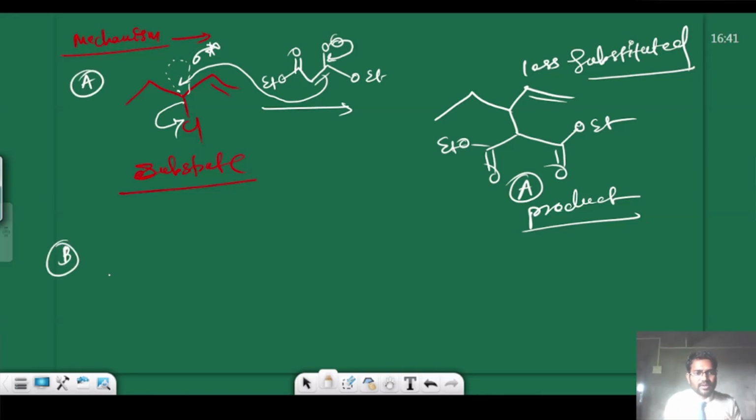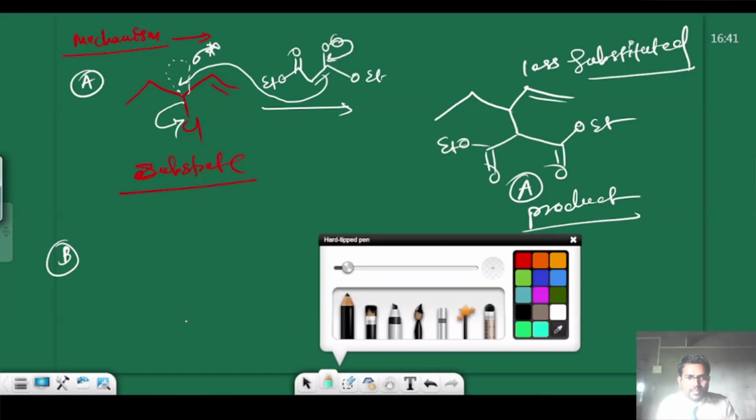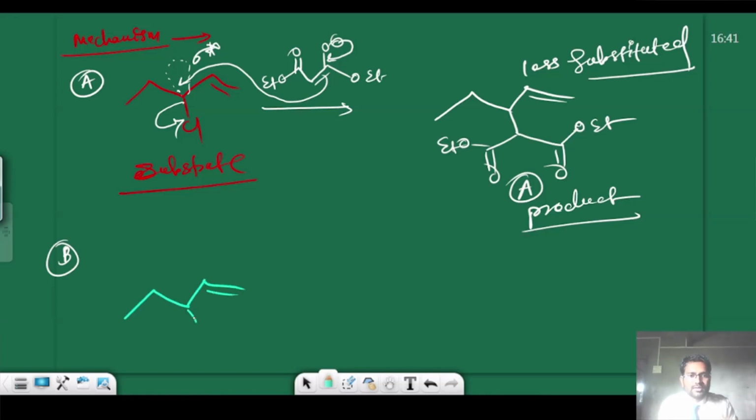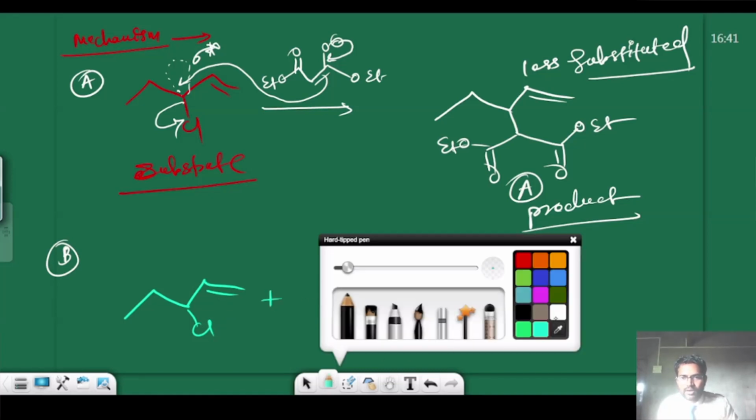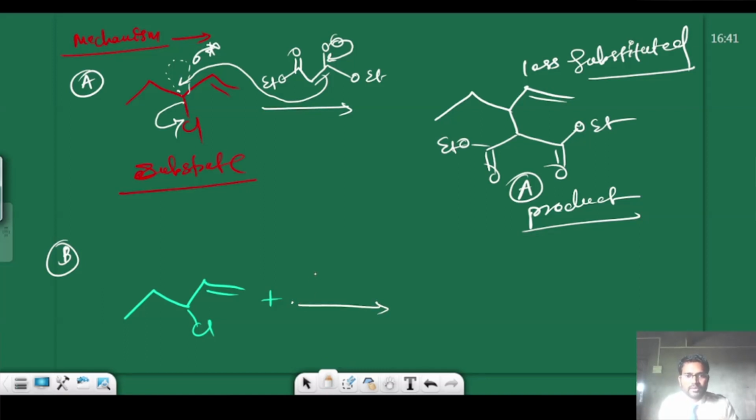Now the B pathway. This is our substrate. When we treat it with an active methylene compound, I can generate this structure also, OEt, active methylene compound. What will happen? This will come back like this and attack on the pi star orbital.